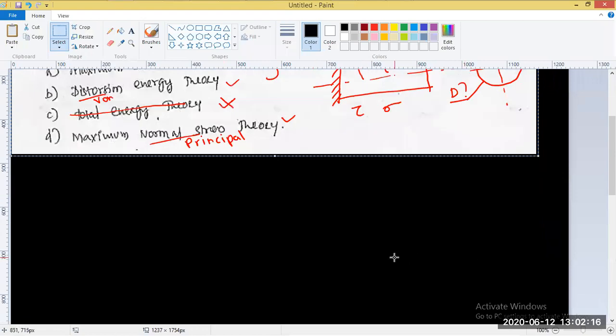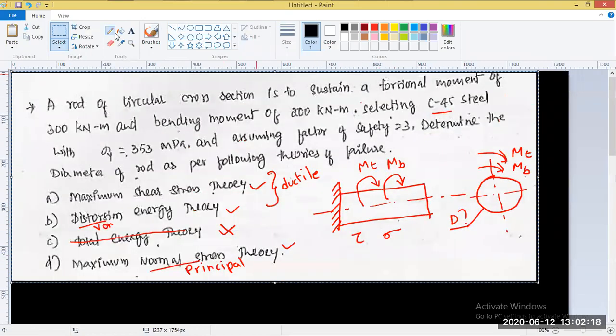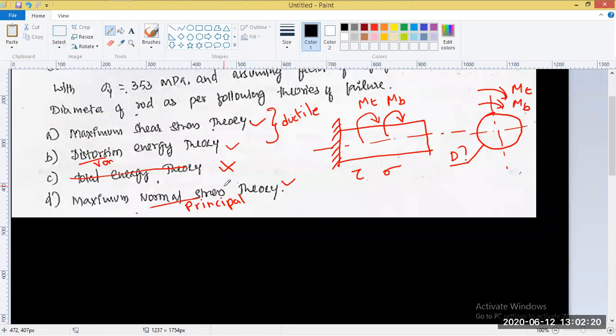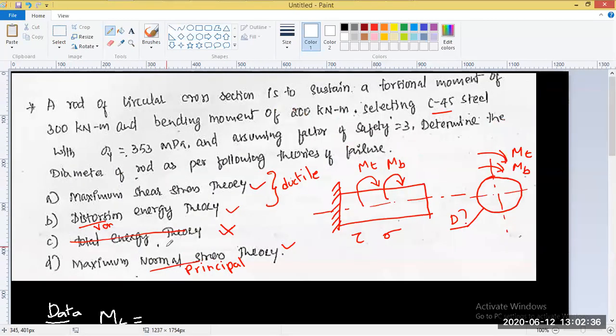Okay, so we are ready. Let's start off. Given data: the torque MT is given as 300 kilonewton meter.